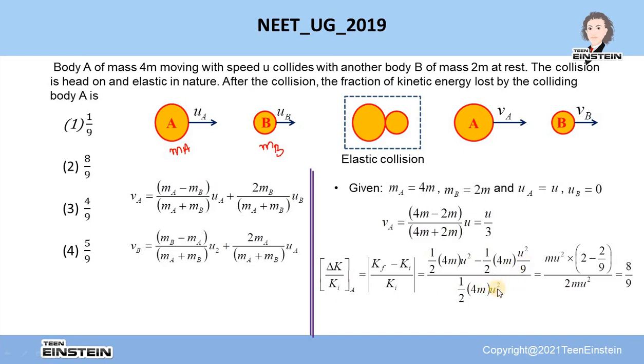And if you simplify a bit, you will get that delta K by Ki, that is the fractional loss of kinetic energy of the object A after collision, is found to be 8 by 9. Therefore, the second option would be the correct answer for this question.